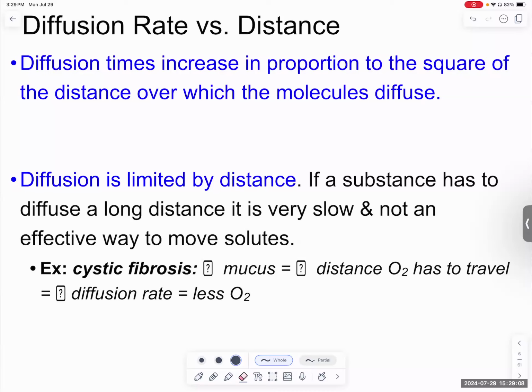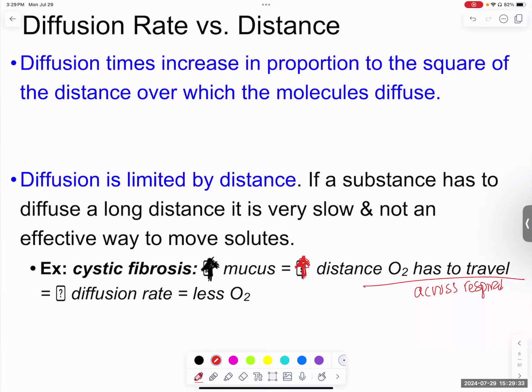So in this example, cystic fibrosis, there's an increase in the amount of mucus, right? And so the membrane has a bunch of mucus on it, and it's going to increase the distance. I'll do some red so you can see. So there's now an increase in distance for oxygen to travel across the respiratory membrane.